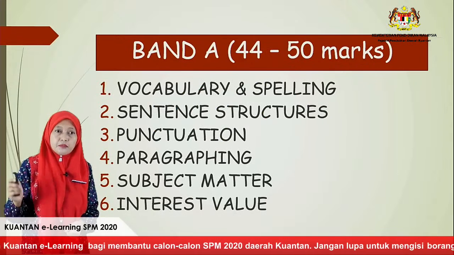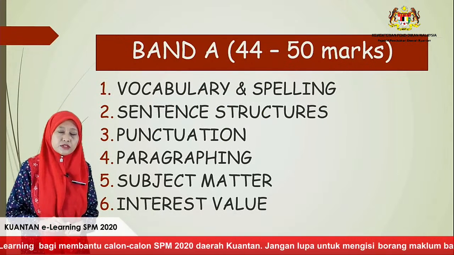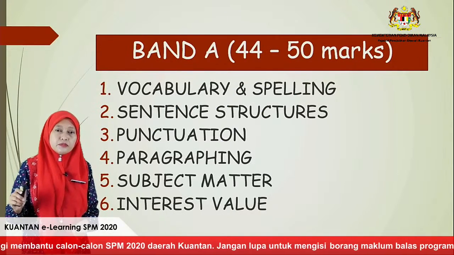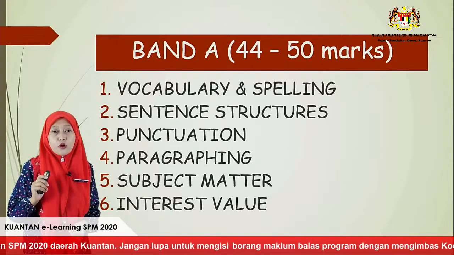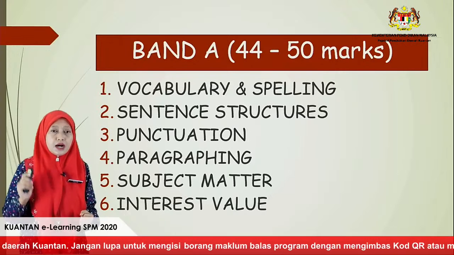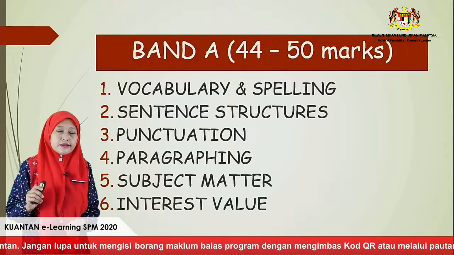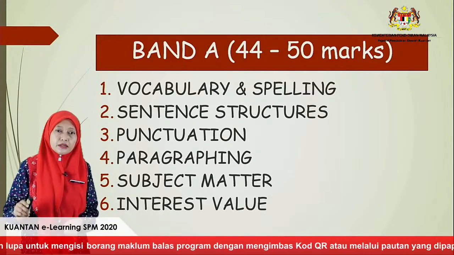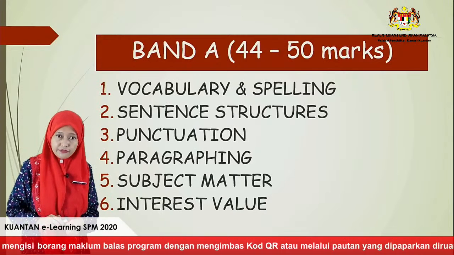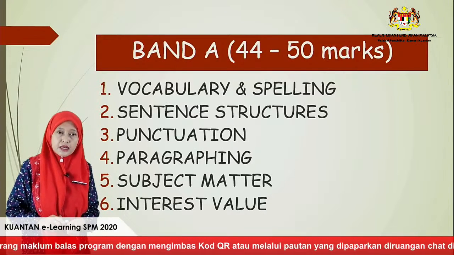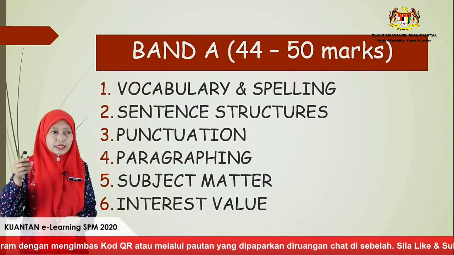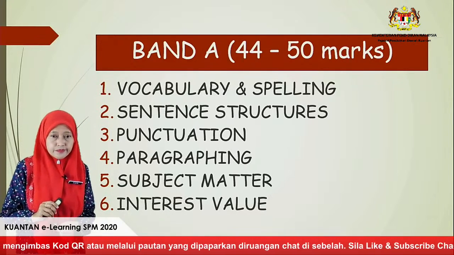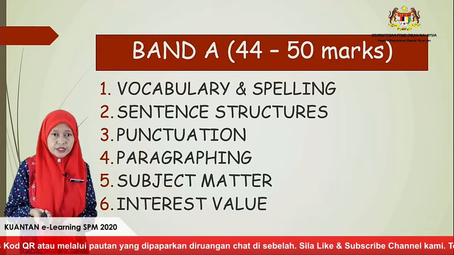Okay, marking for continuous writing will be graded on band. For band A, which is the highest band, the range of mark is between 44 to 50 marks. So your examiner will be looking at all this topic or all this section.